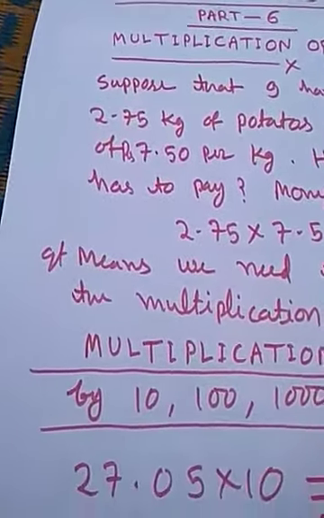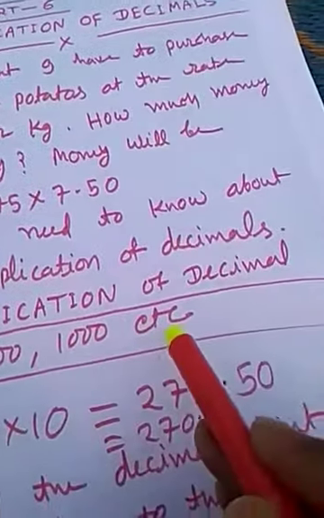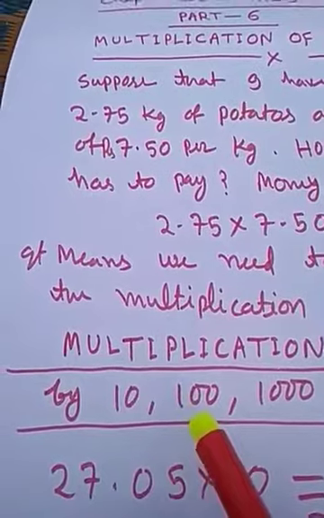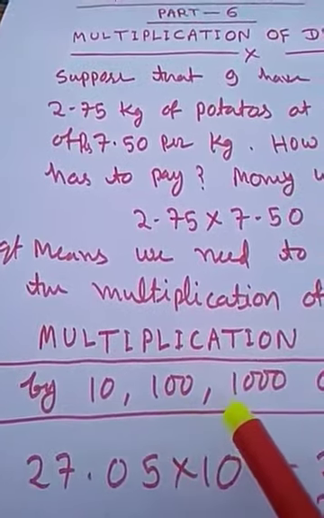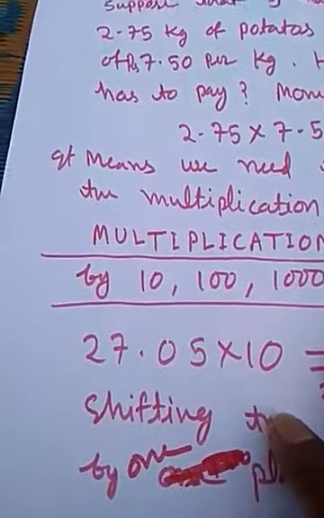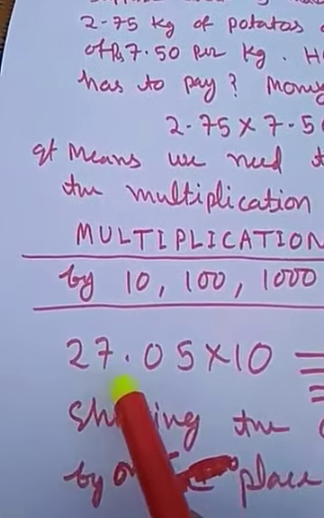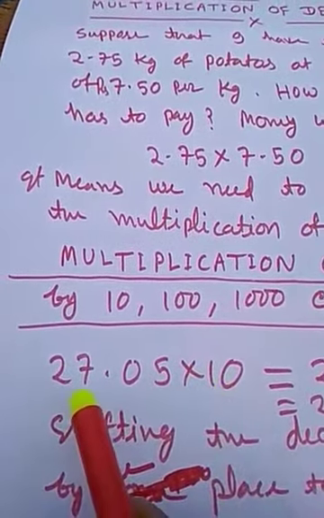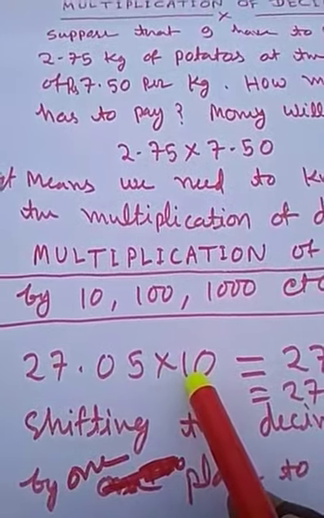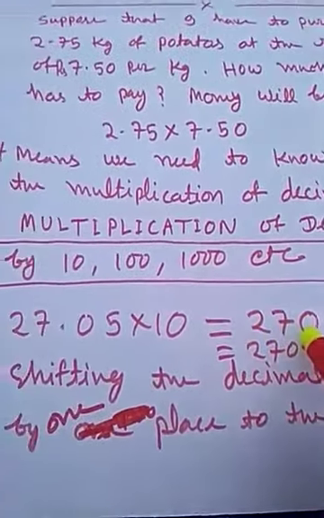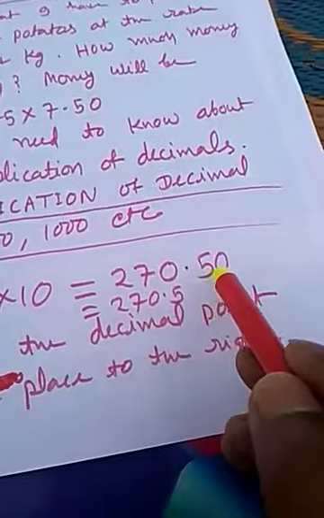Here we shall learn about multiplication of decimals by multiples of 10, means by 10, 100, 1000, 10,000 etc. Here consider a number 27.05 multiply 10. At first we shall multiply it without decimal, that is equal to 2705.